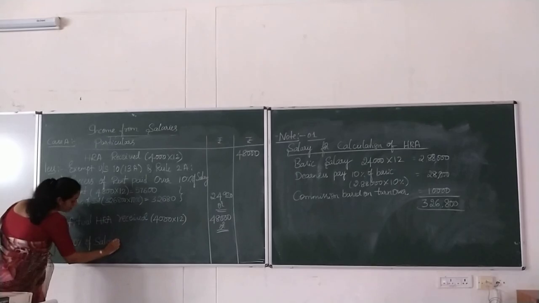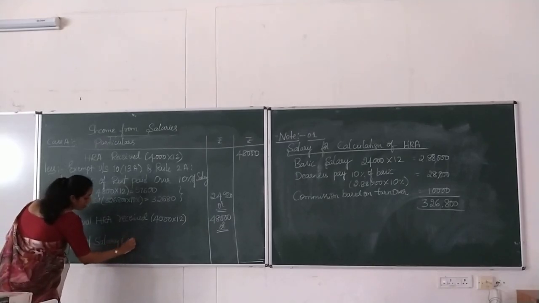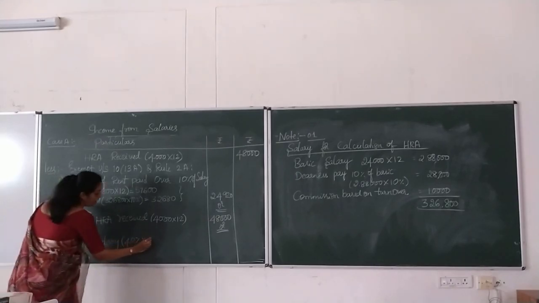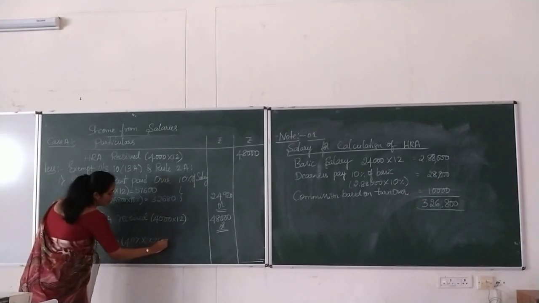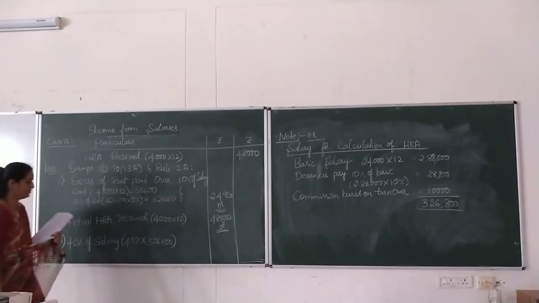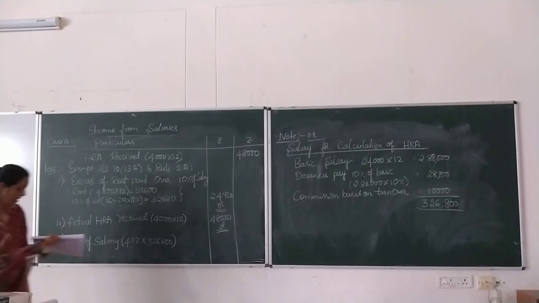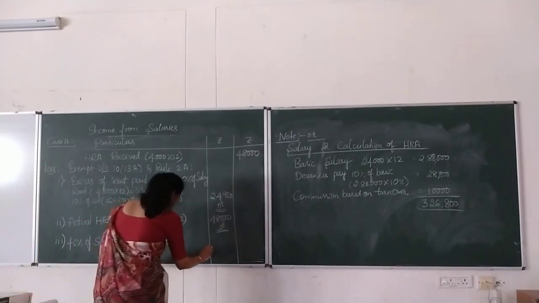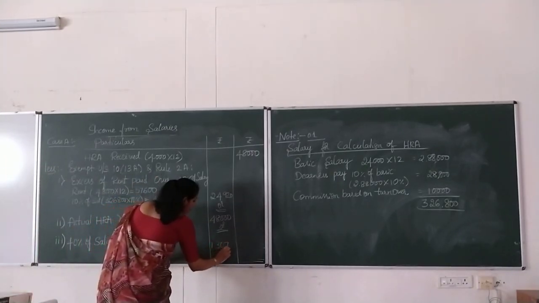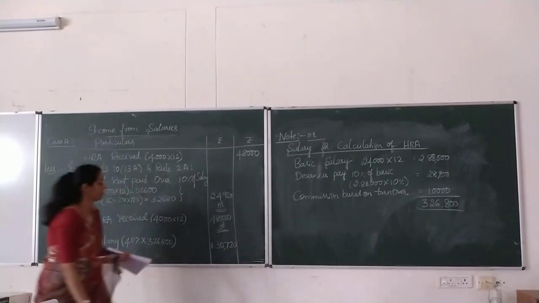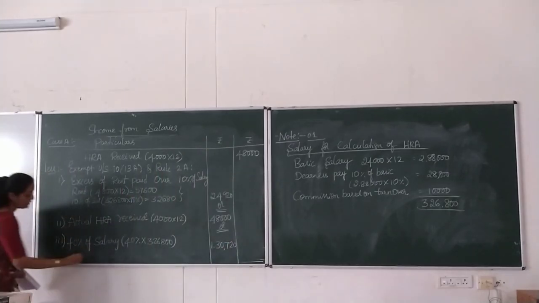Salary amount, how much? 40% into 3,26,800 is 1,30,720. Which is least? 24,920. Whichever is less.